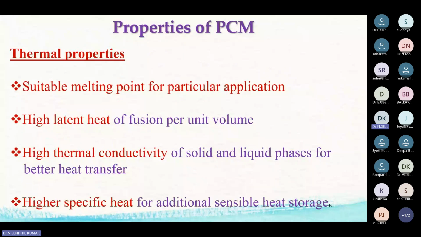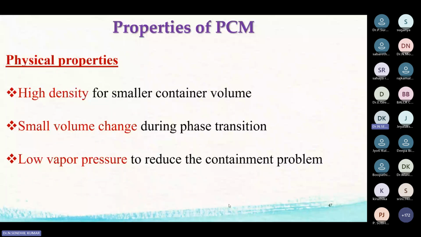Similarly, physical properties: high density and small volume changes. If the volume change is very high, your entire power system will be occupied. So volume change should be very small, with low vapor pressure to reduce contamination problems. These are some of the desired properties of the PCM.